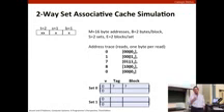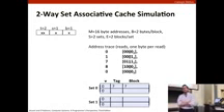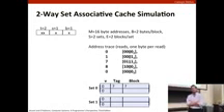Okay. Yes. For a set with multiple lines, when there's a miss, how does it choose which line to overwrite? That's the replacement policy. The question is, when there are multiple lines in a set, how does it determine which to overwrite?